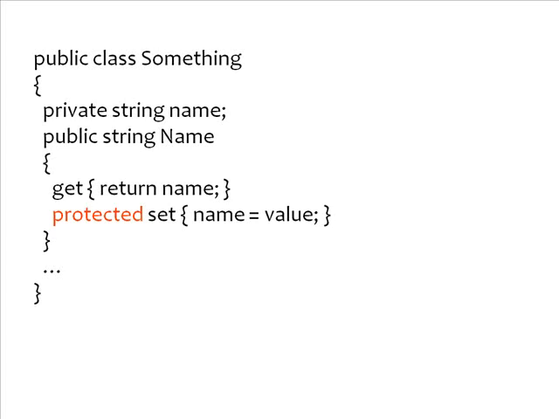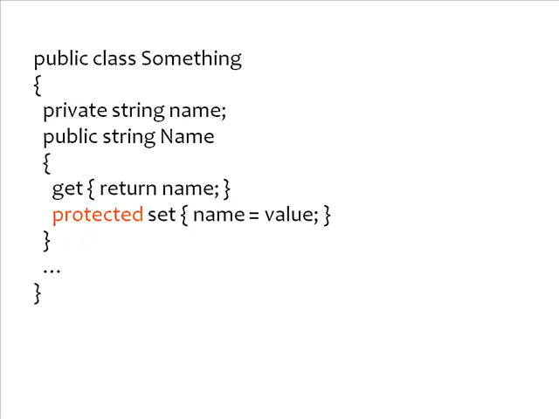Now we can change one or the other or both of those and lower the visibility of them. So I can only decrease visibility. I cannot make it more visible. So in this case, I'm saying that the name property can be set only by the something class or a class that derives from something.